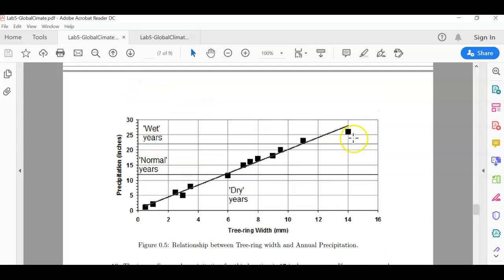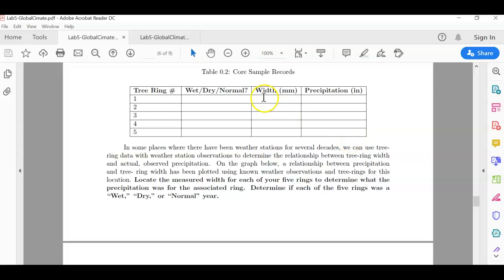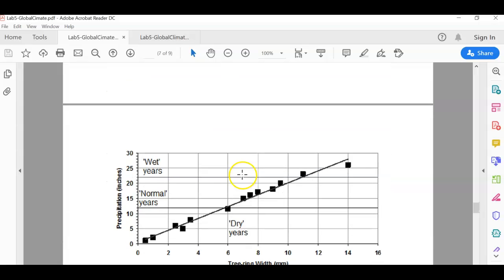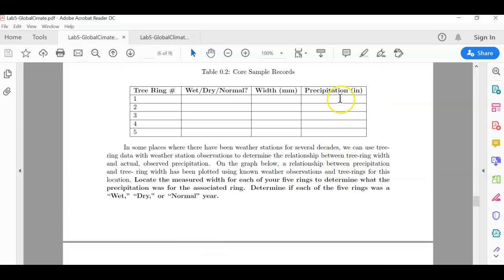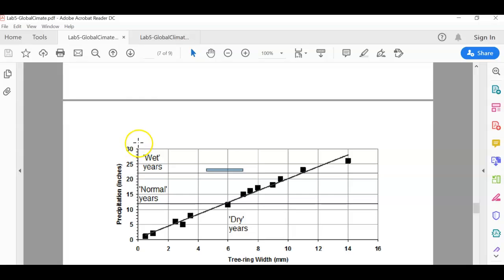So then when you complete your table, you would say, okay, tree ring number 1, because the width was 16 millimeters, will be a wet year, right, based on this graph. And then the precipitation in inches, I would say again somewhere about 32 or 33. So you could be exact and actually draw it out and tell me that based on your calculations.